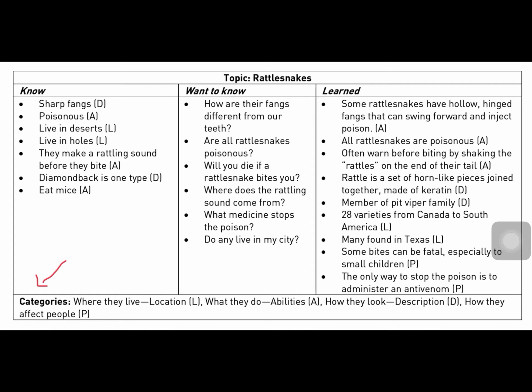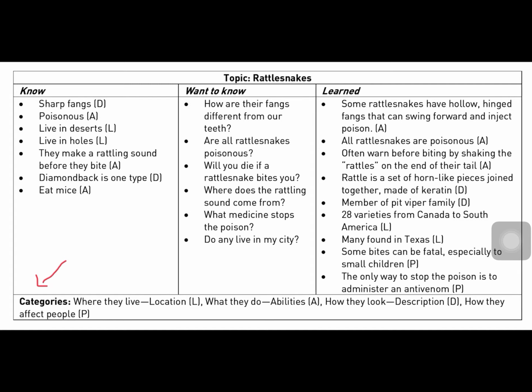For example, D stands for description. Poisonous has to do with abilities. Diamondback is one type, D, that has to do with the description.